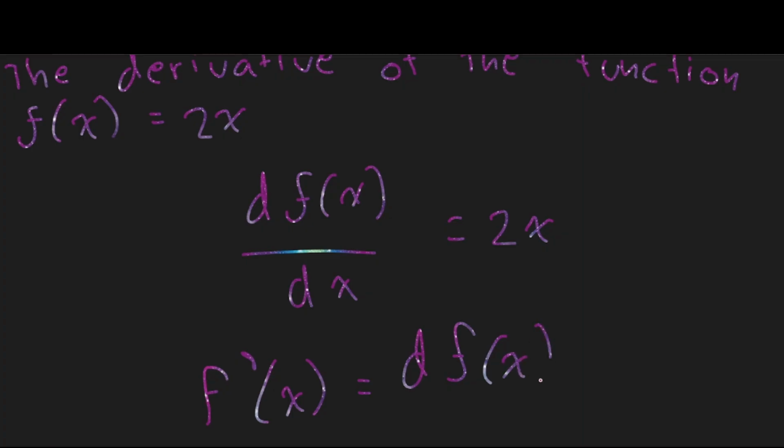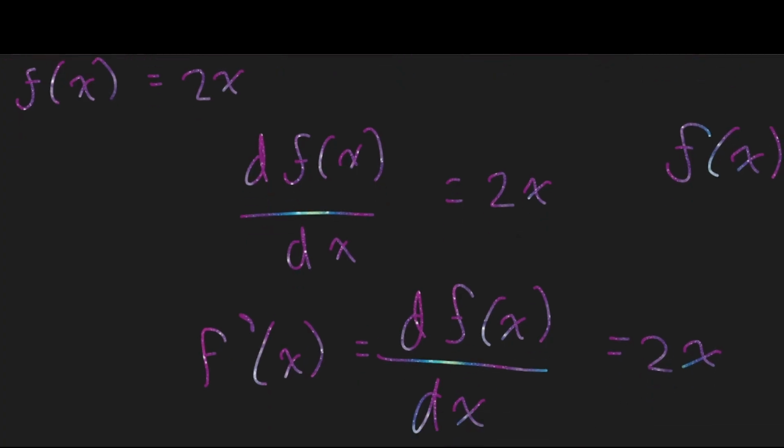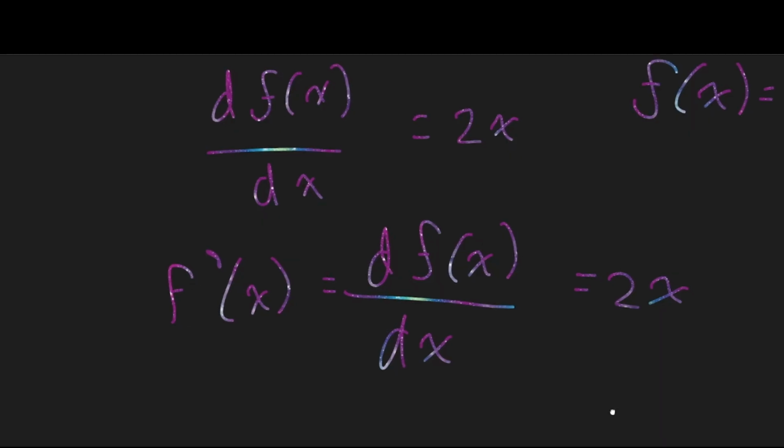So instead of writing df of x, or even if you have a question that doesn't write it like this and they just say, what's f prime x, that's basically just 2x, right? And just in case you forgot, f of x is equal to x squared, so f prime x is equal to 2x. So now you know why a derivative works the way it does, what it means, and how to solve for one.